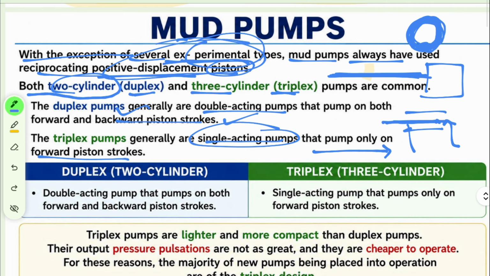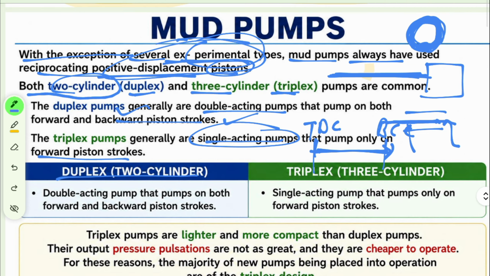Don't worry, we will talk about what the forward stroke is. When the piston moves from the TDC, top dead center, to BDC, the distance traveled from TDC to BDC is called stroke, right? Stroke length.